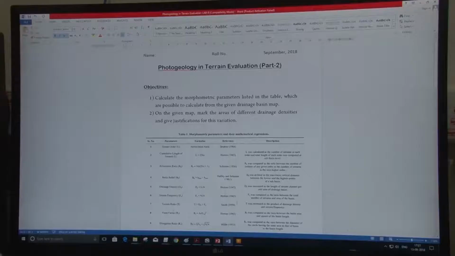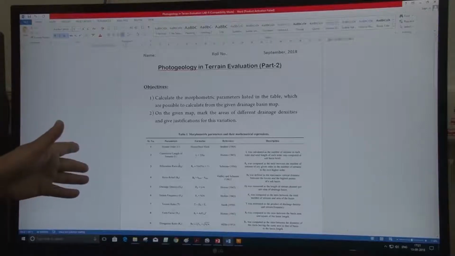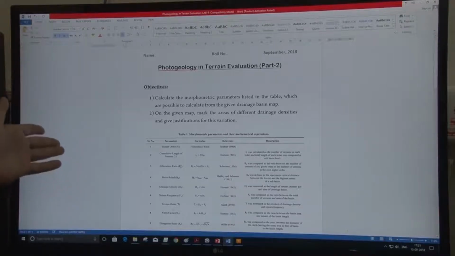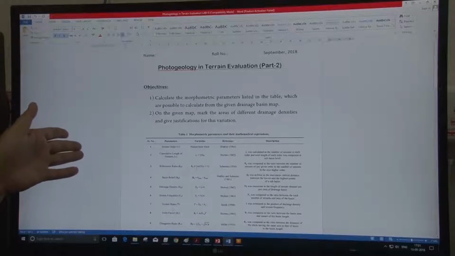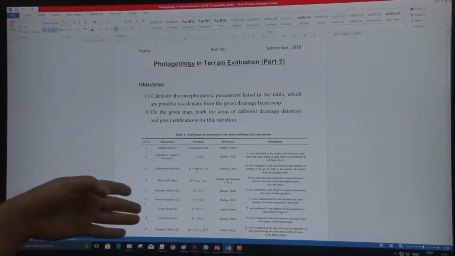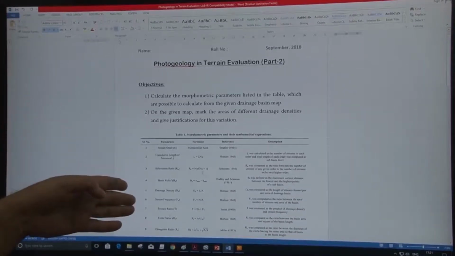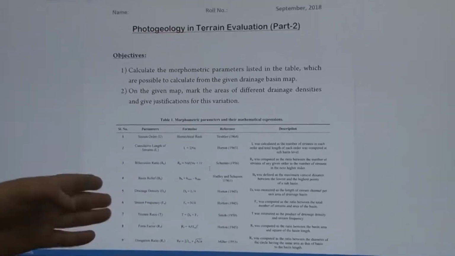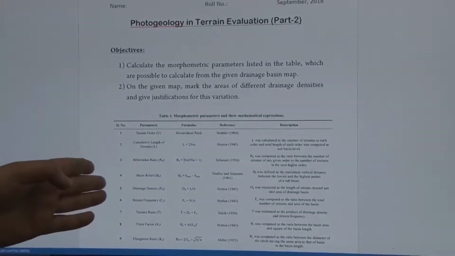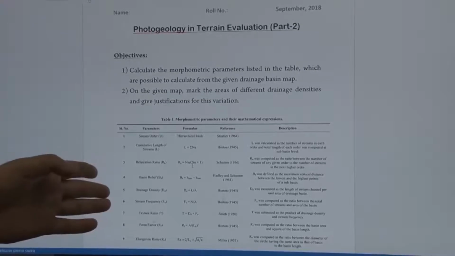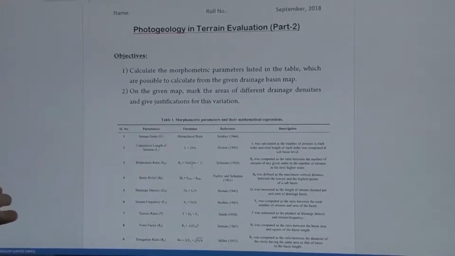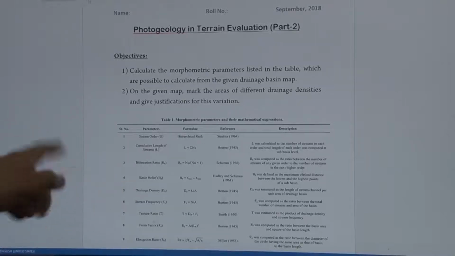Suppose you have to first calculate the bifurcation ratio. What is the bifurcation ratio? It is Nu divided by Nu plus 1, where Nu is the number of streams of any given order, and Nu plus 1 is the number of streams in the next higher order.